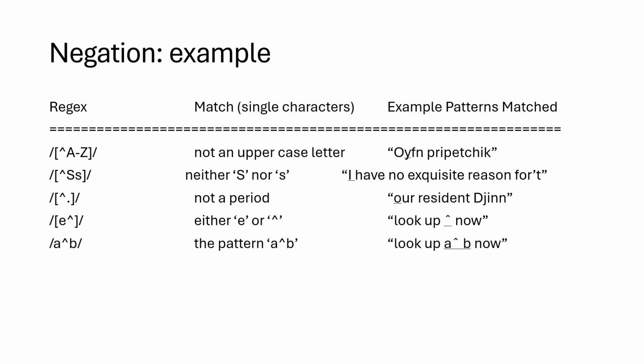For example, in this sentence, it will match this caret operator also. Then in the next example, the caret operator is used in the middle. So this specifies that the pattern here B is to be searched.